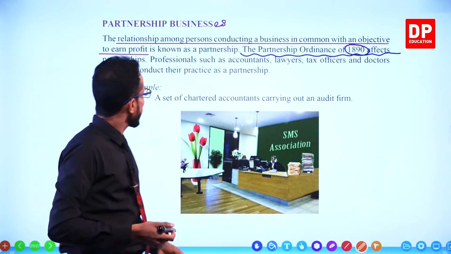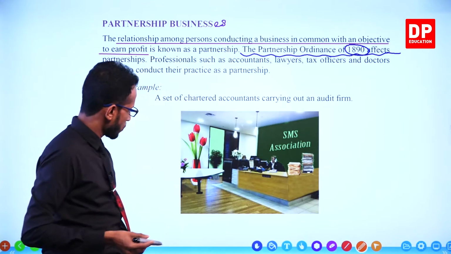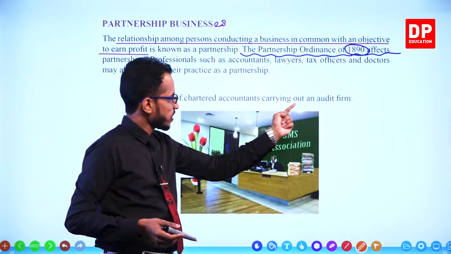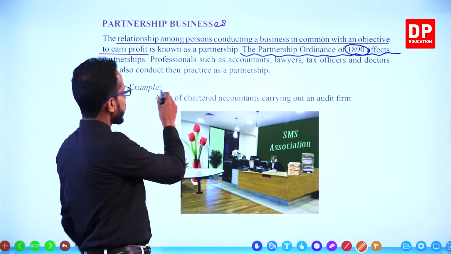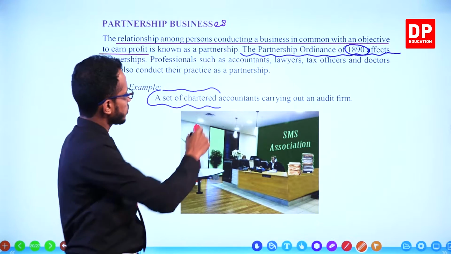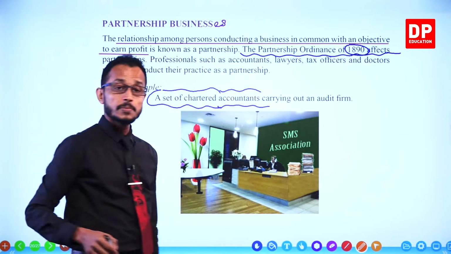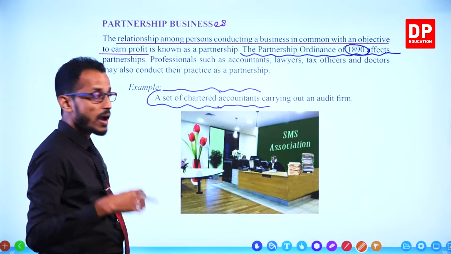A set of chartered accountants carrying out an audit firm. Set of chartered accountants, that means getting together. Okay, that is a partnership business.